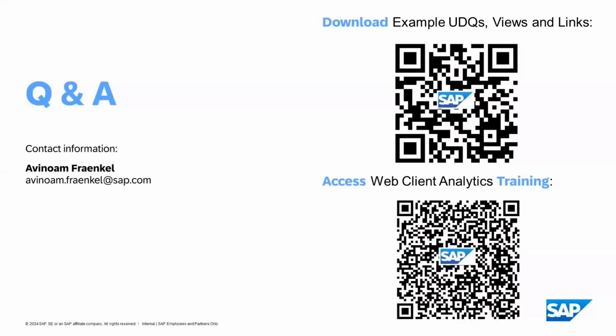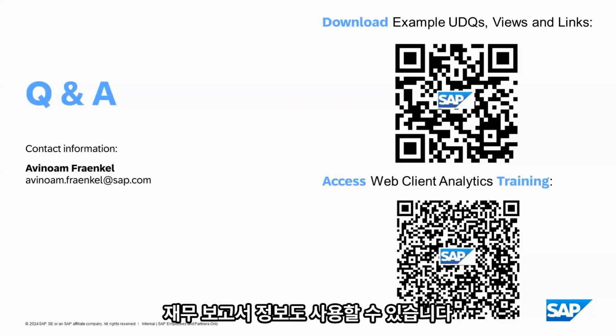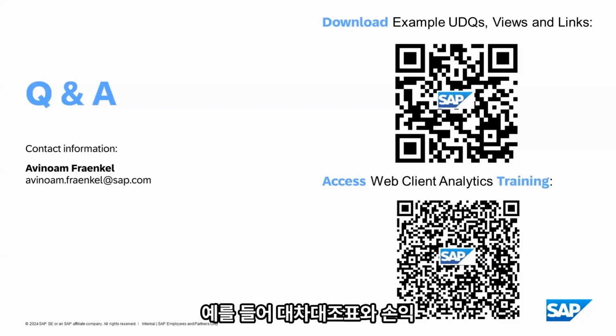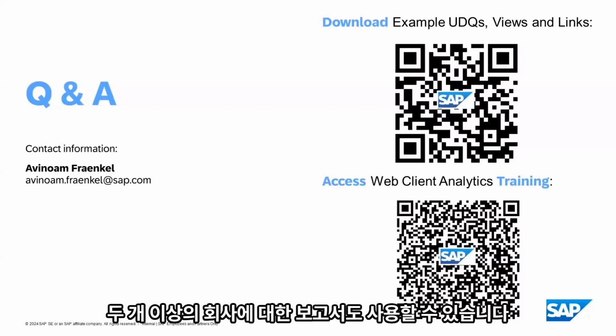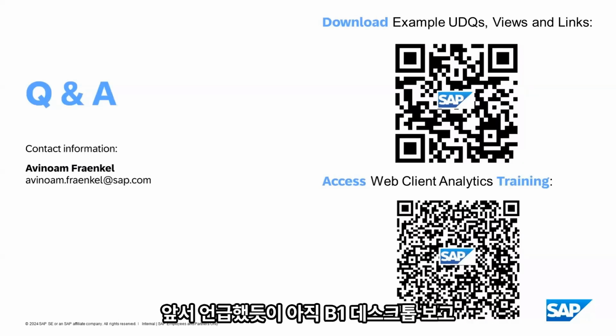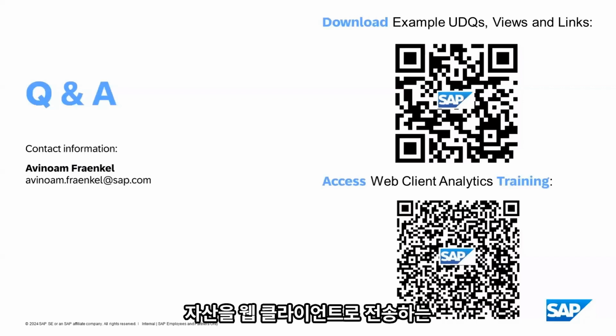Okay, yeah. And the next one is financial, wait, I lost it. I'll go back to it. Yeah, is financial report information also available? For example, balance sheets and profit and loss report, maybe also for two or more companies. Okay, at this point in time, as I mentioned earlier, we have not yet started the process of transferring the B1 desktop reporting assets into the web client.